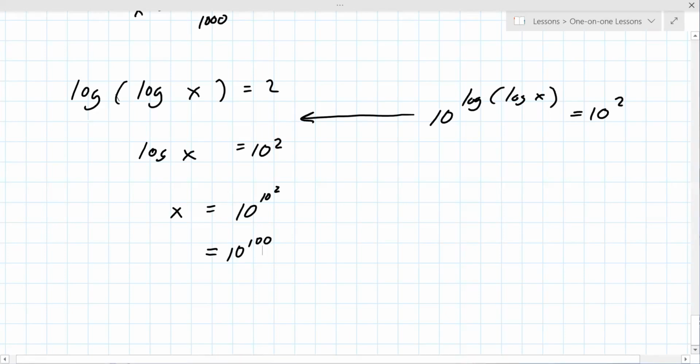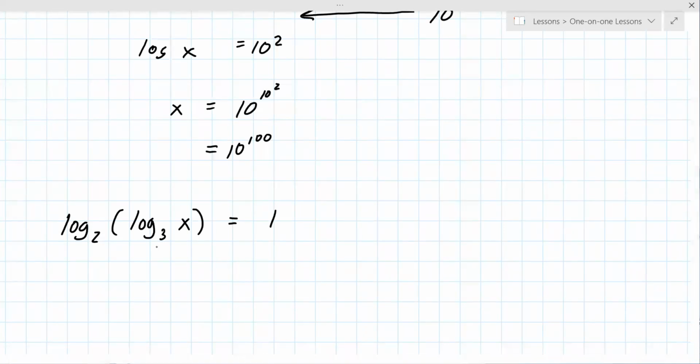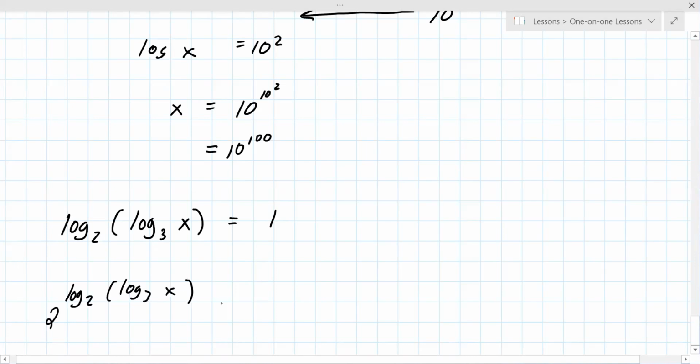Okay, I want to do a couple of these. Let's say it's log base 2 of log base 3 of x equals 1. We've been using 10 to undo log, but what number should we use this time? 2. So 2 to the log base 2 of log base 3 of x equals 2 to the power of 1.